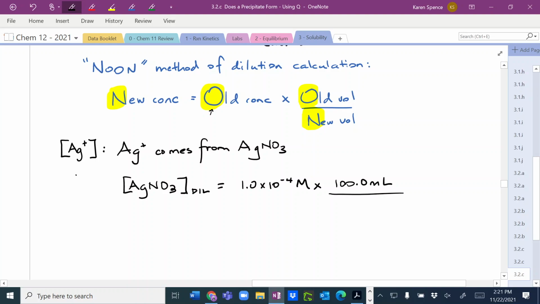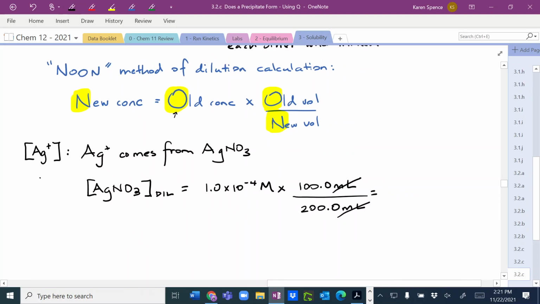And then we mixed it with our other solution, and what's our final volume? 200 milliliters. And your milliliters cancel with the milliliters, and the unit you are left with is molar, which is what we want. And I believe our answer here is 5.0 times 10 to the minus 5.